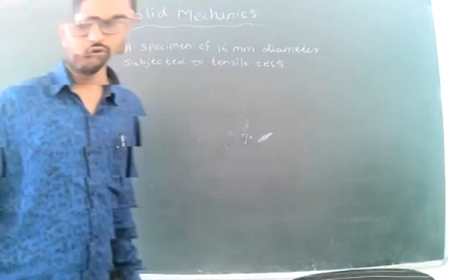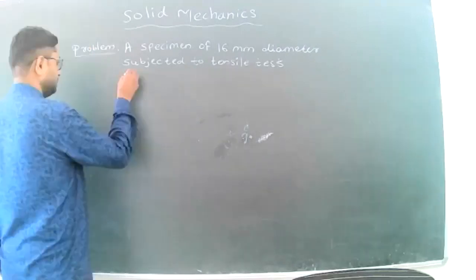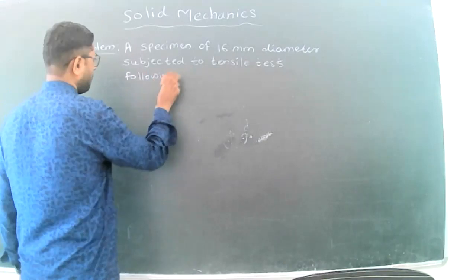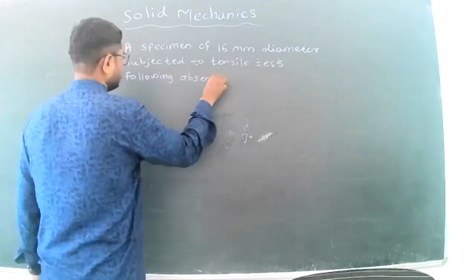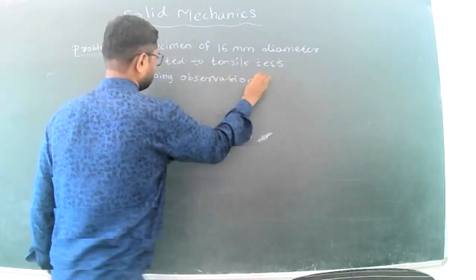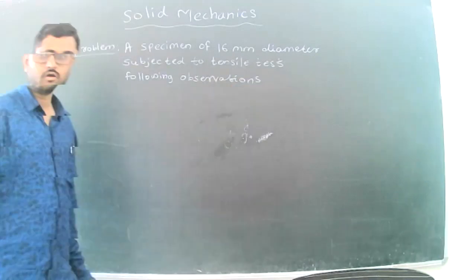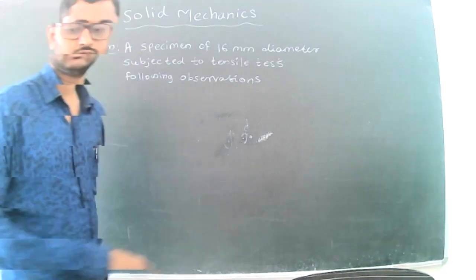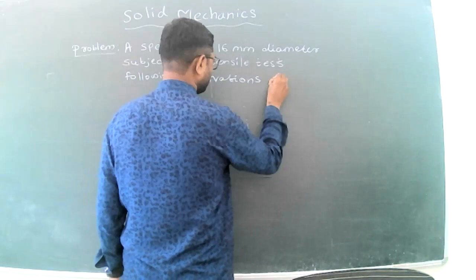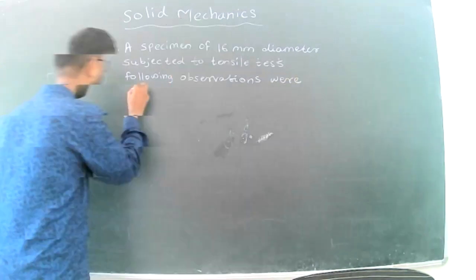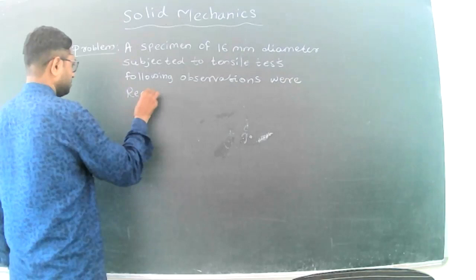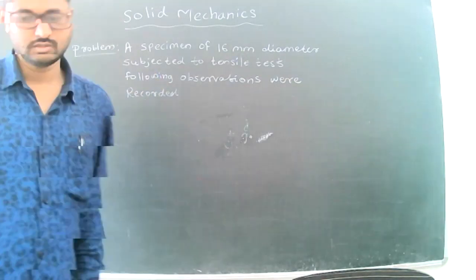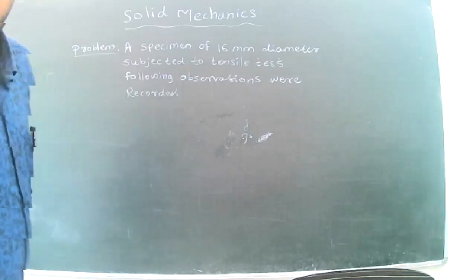The following observations were recorded. Gauge length is equal to 200 mm.